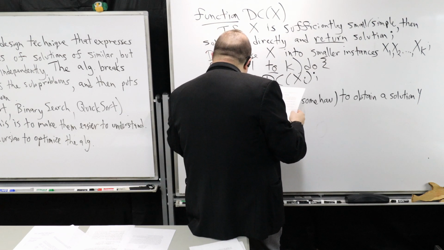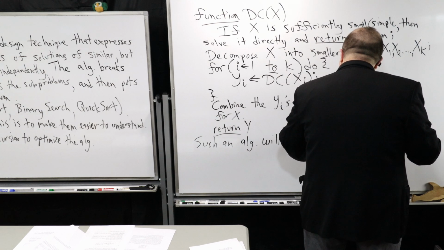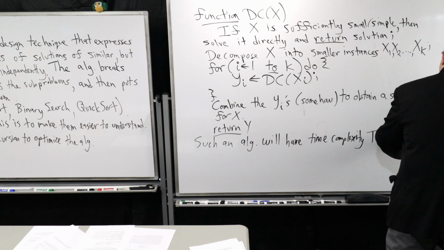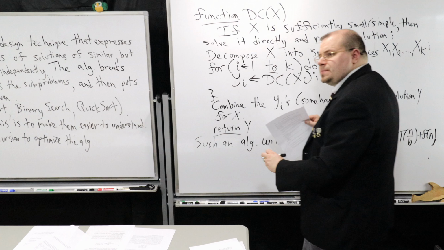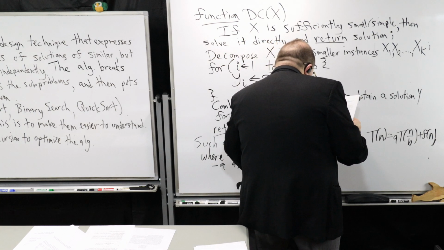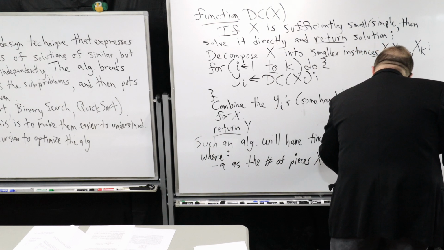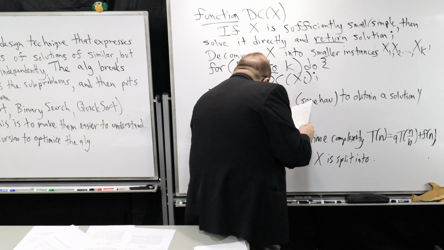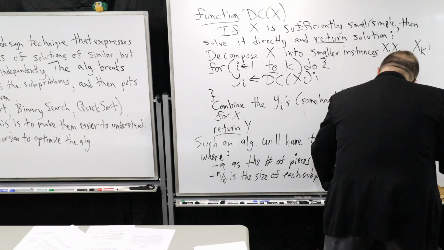Such an algorithm will have time complexity T(n) = a * T(n/b) + f(n), where you can think of a as the number of pieces x is split into. n/b is the size of each subproblem of x.